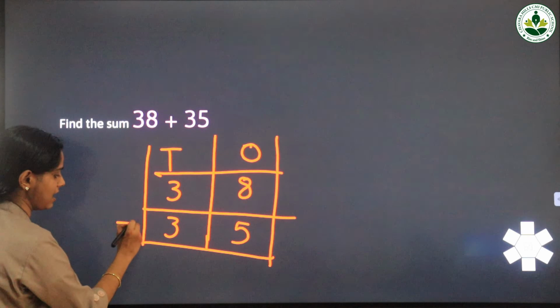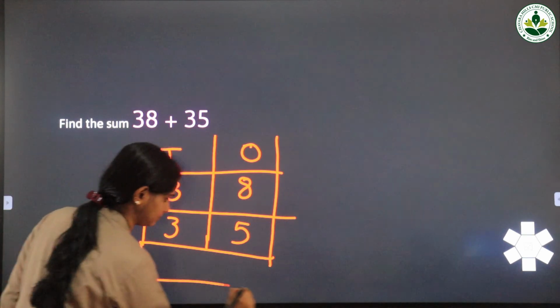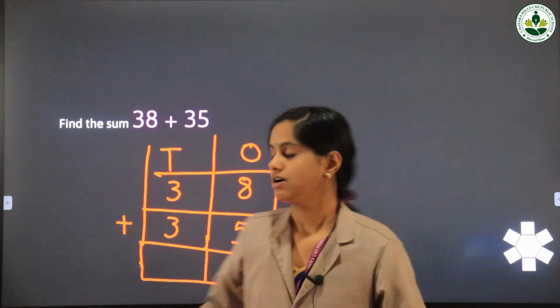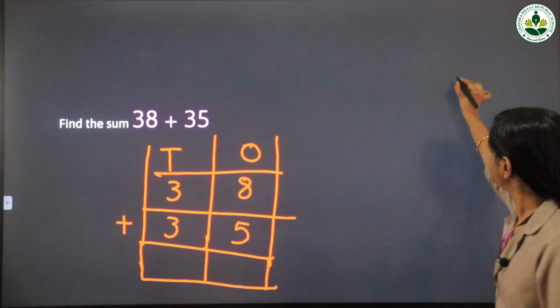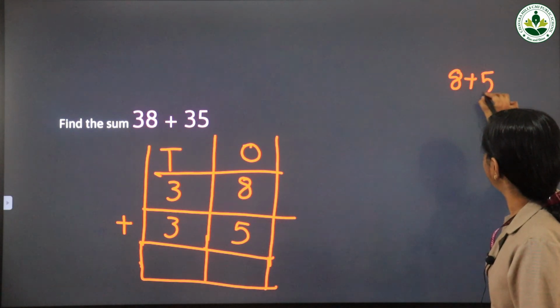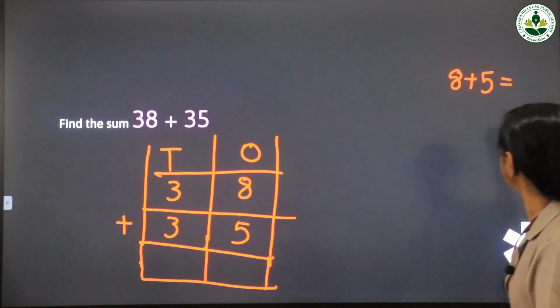Okay, this is the addition sign. Okay, let us start our addition. First we start from the ones column. 8 plus 5. 8 plus 5 is equal to 13.